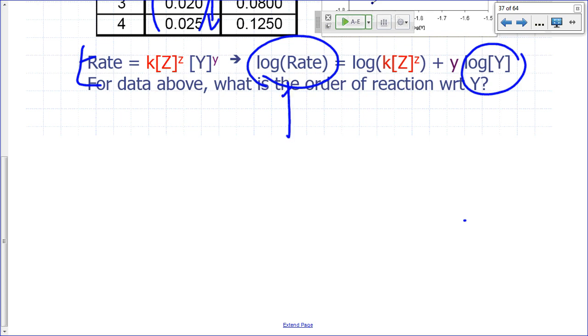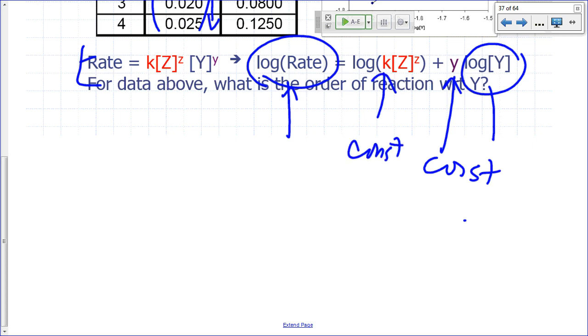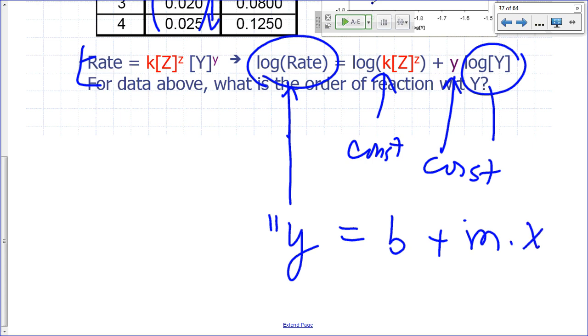So these are the 2 variables, by a constant. That's the order of reaction with respect to y. That's a constant, and then adding another constant. In other words, this is the equation of a straight line. This is what you call y equals intercept plus slope times x. Y equals mx plus b.